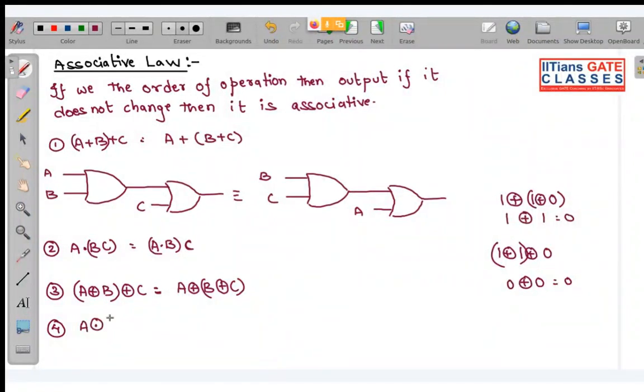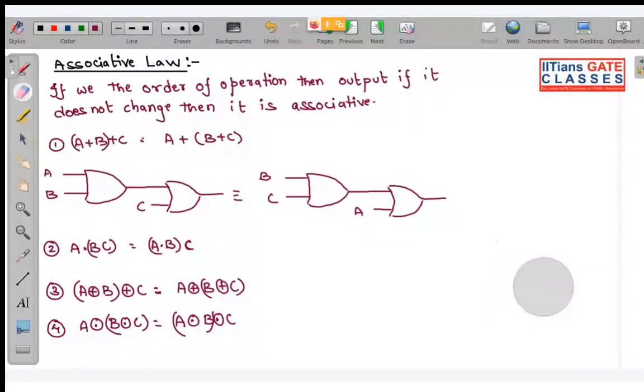Even with XNOR gate, AND gate is associative. Yes, AND gate is associative. So this is AND gate, this is OR gate, this is XOR gate. This now I will be writing XNOR gate. Even this is your associative. You can see all the gates are associative.